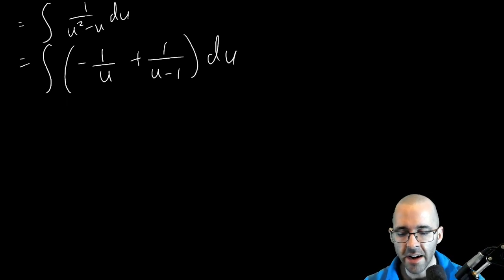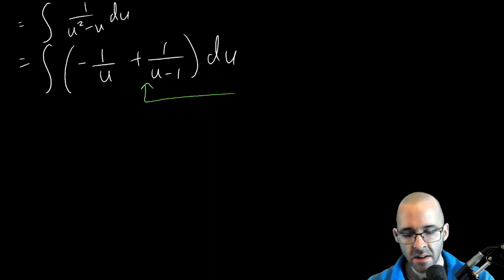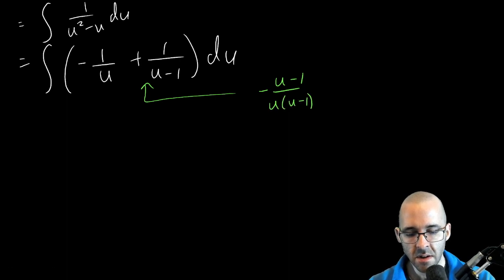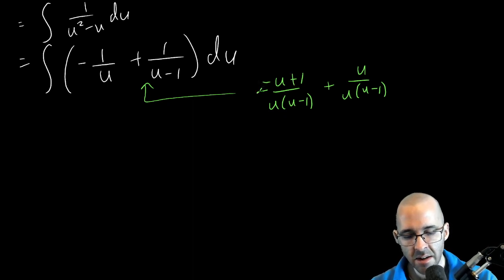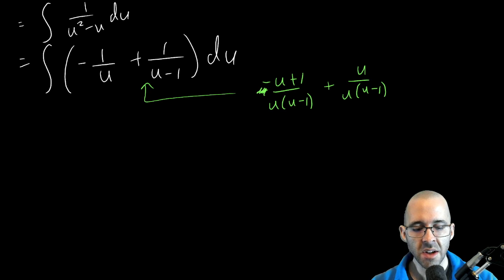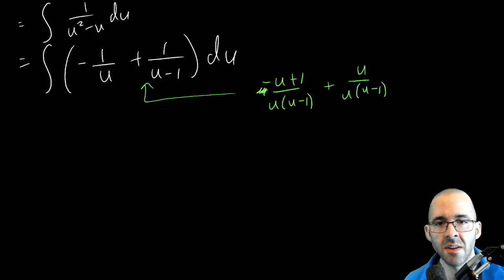And again, we could check our answer. If we combine fractions here, this becomes -u minus 1 over u times u minus 1, plus u over u times u minus 1. When we add these together, we distribute that negative. Negative u plus u cancels out, and we're left with 1 over u squared minus u, which is exactly what we have.